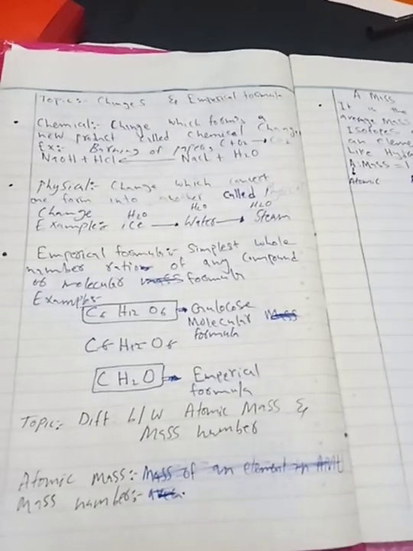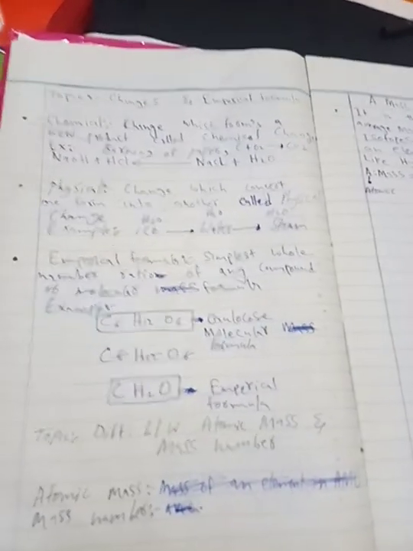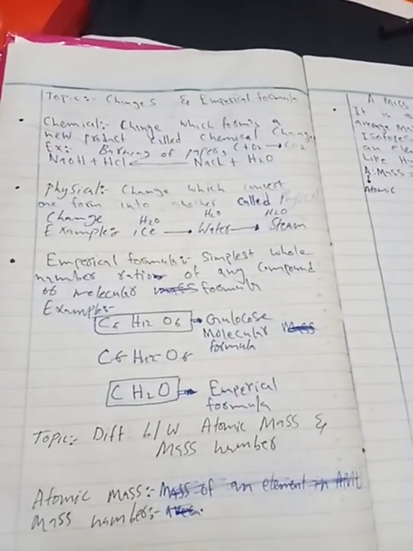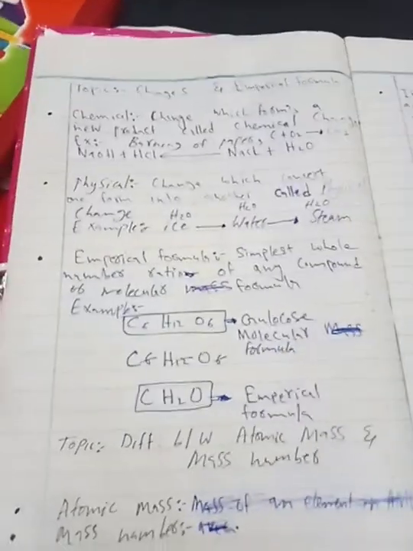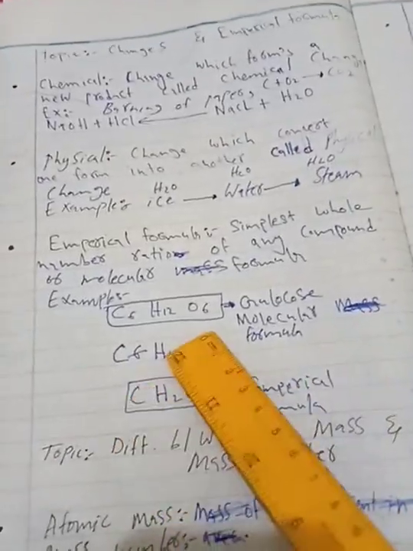After that we have the empirical formula, which is also an important topic. The simplest whole number ratio of any compound's molecular formula is called the empirical formula. For example, we have glucose, which is an organic compound. In this form we call it the molecular formula.